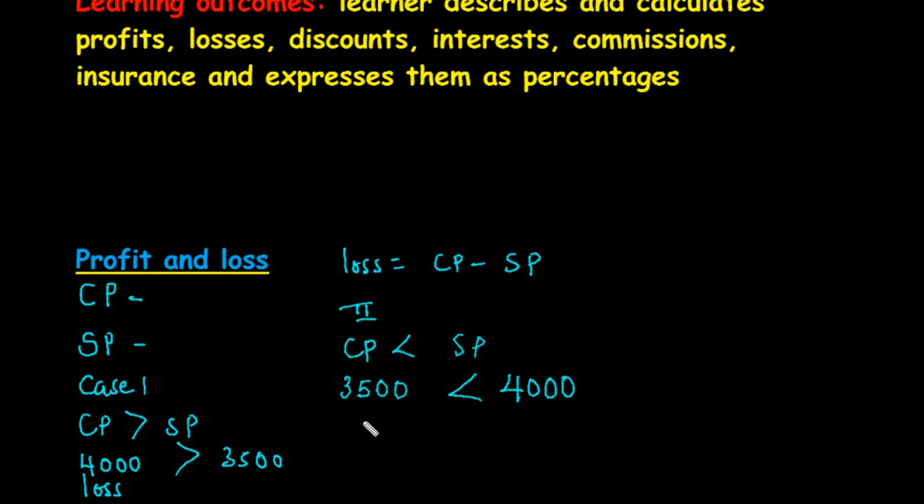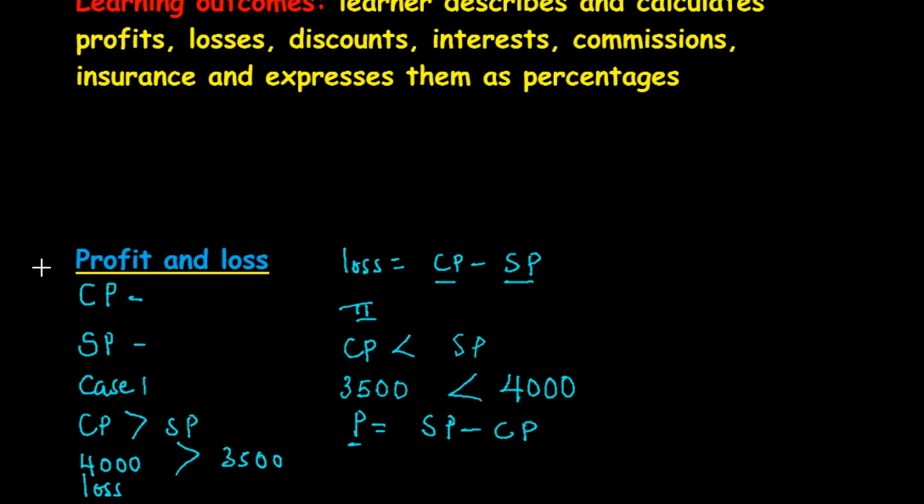Therefore, the retailer is making a what? A profit. And how do we calculate a profit? Profit is equal to selling price minus cost price. Is that okay? We are saying that we calculate a loss from the formula: Loss is equal to cost price minus selling price, and we calculate a profit from the formula: Profit is equal to selling price minus cost price.